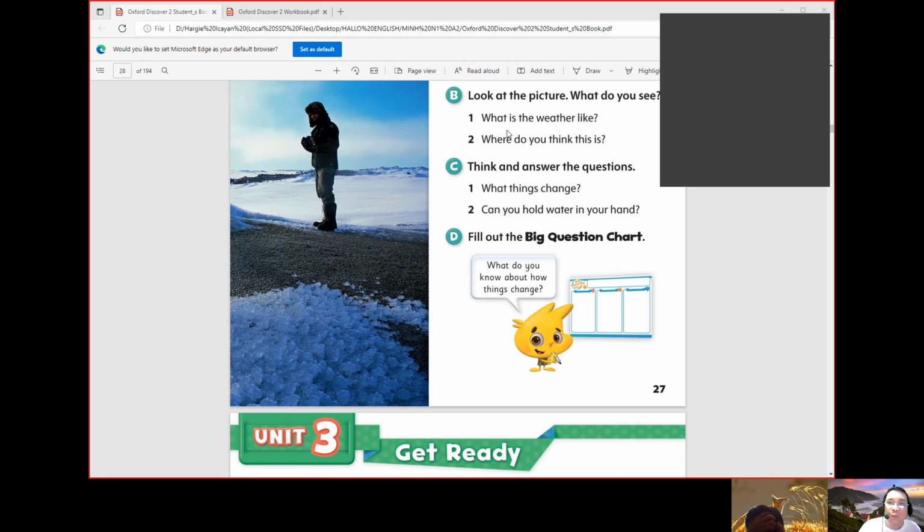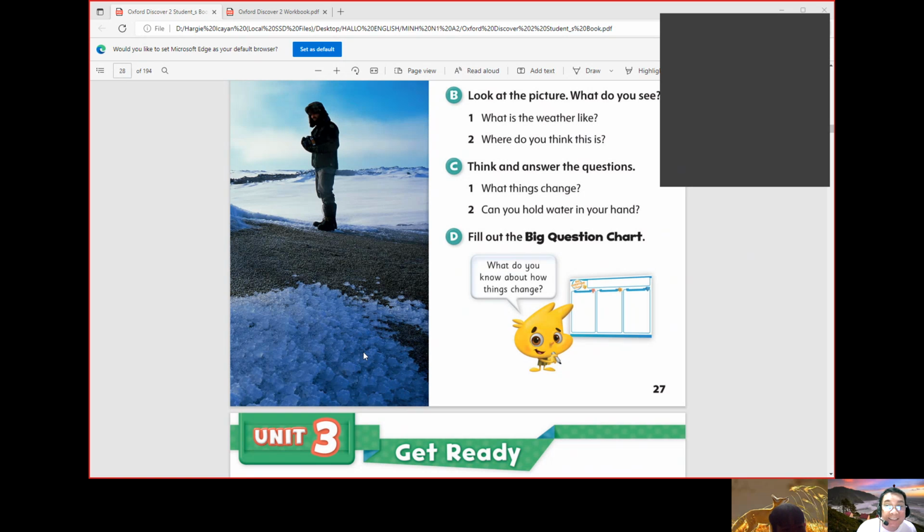What do you see? What is the weather like? Look at this picture, Min. What is the weather like? Cold. Okay, so the weather is cold. Where do you think this is? In Antarctica.